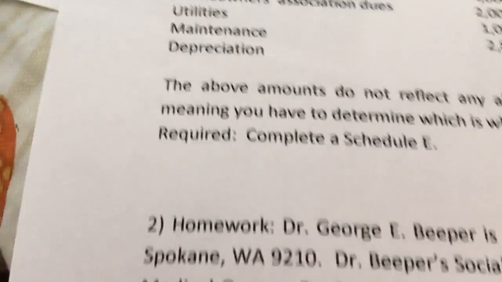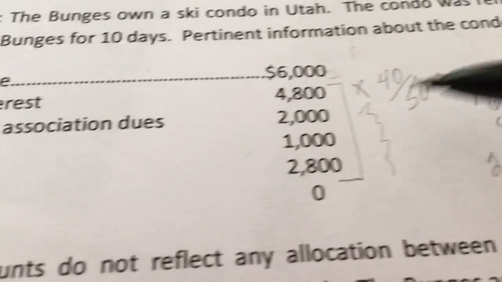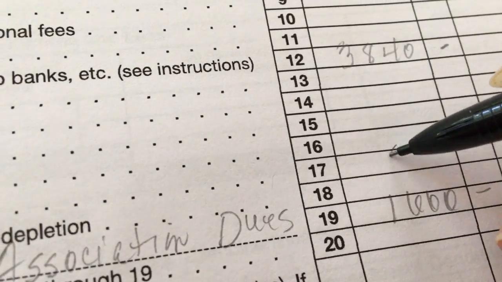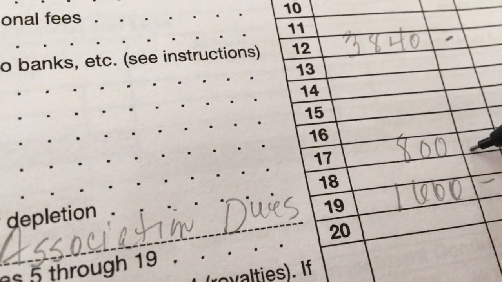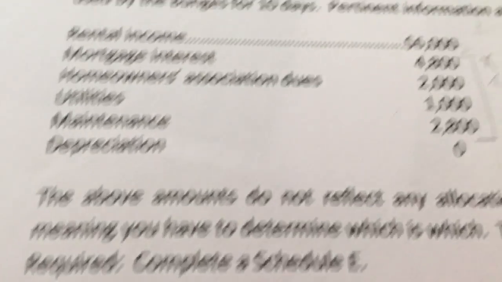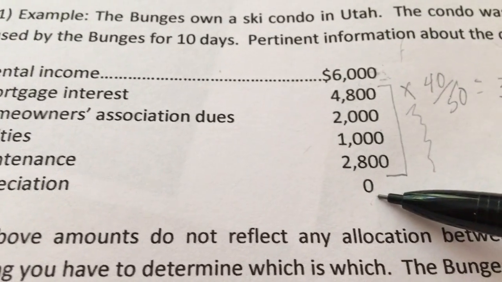Okay, third item that we have here, utilities. That's going to be $800. Scan through all these expenses till you come to utilities on line 17. Plug that in, 800. Okay. And then we have maintenance, and we had no depreciation this time.